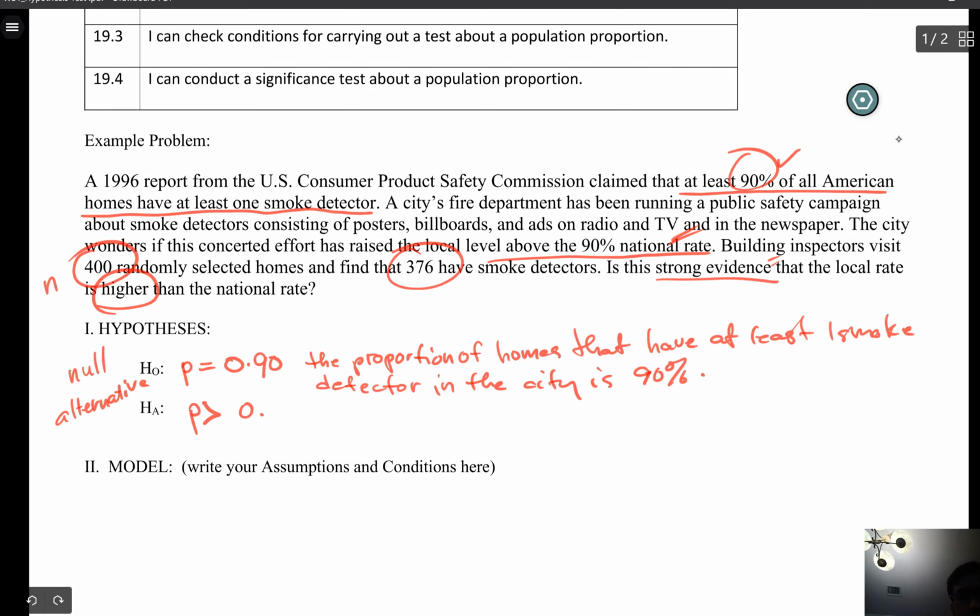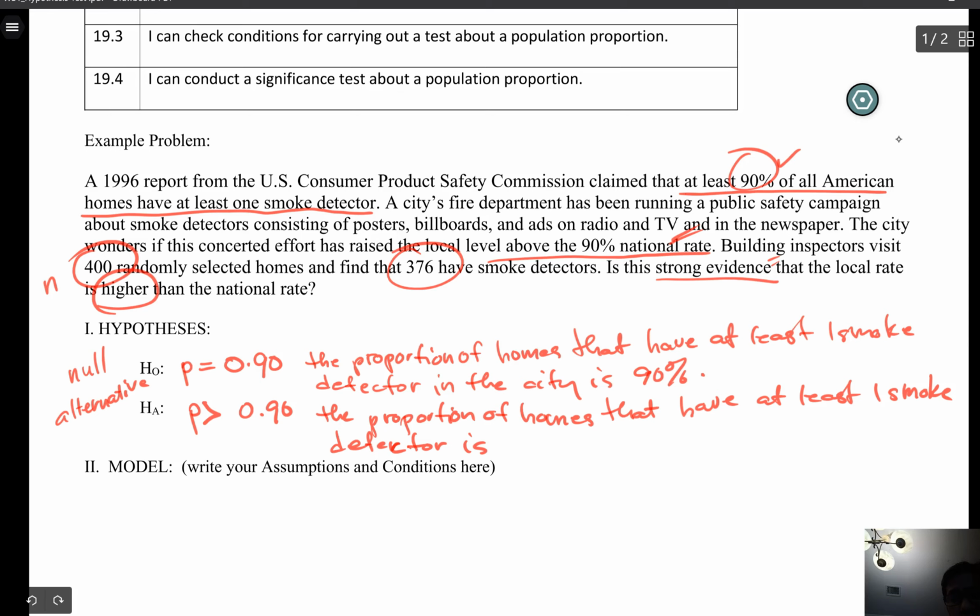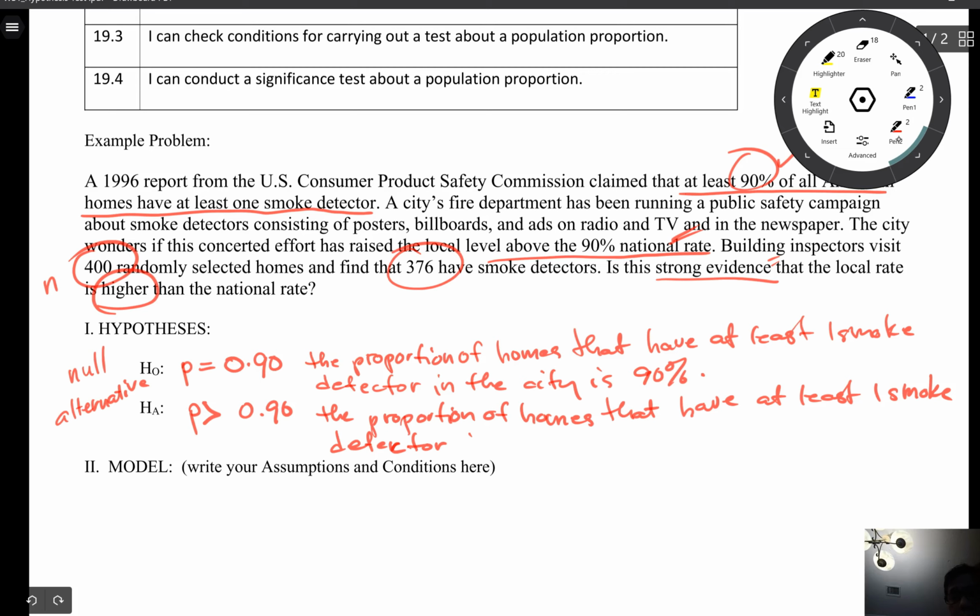The alternative is higher than 90%, meaning the proportion of homes that have at least one smoke detector in the city is higher than 90%. Okay, so that's our hypothesis.